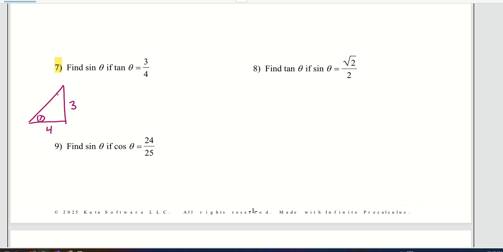To figure out the hypotenuse, I do Pythagorean theorem, and I'm going to end up getting 5. So sine of theta gives me my opposite over the hypotenuse. I get 3 over 5. So we just have to build our own triangle.